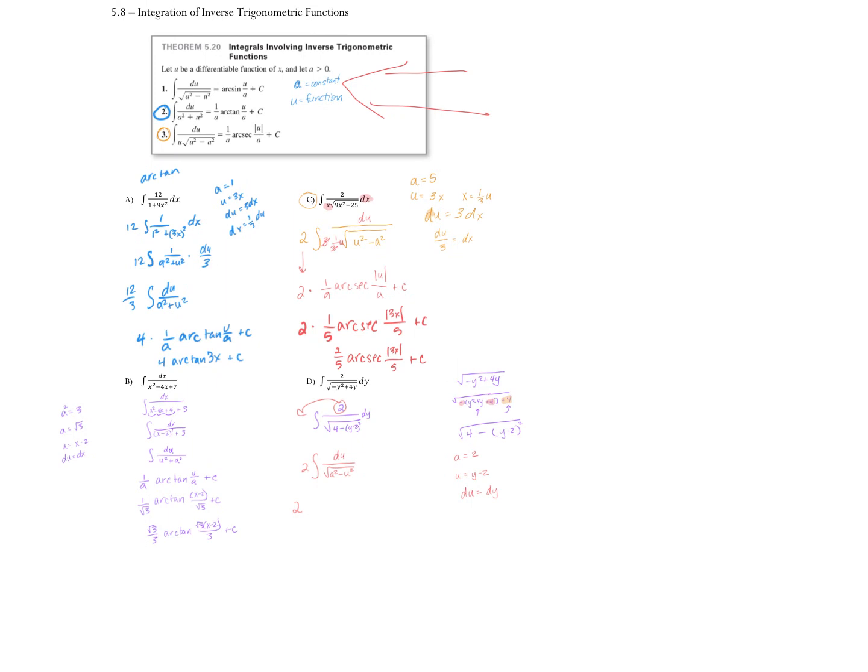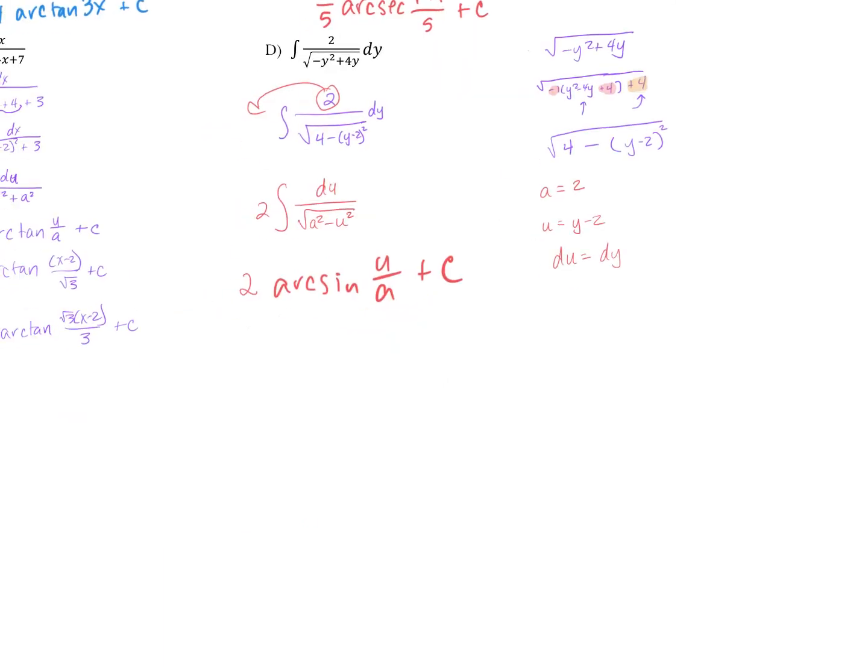So that would be arc sine of u over a plus c, which makes this 2 arc sine of (y minus 2) over 2 plus c.